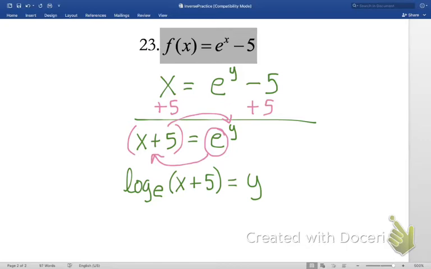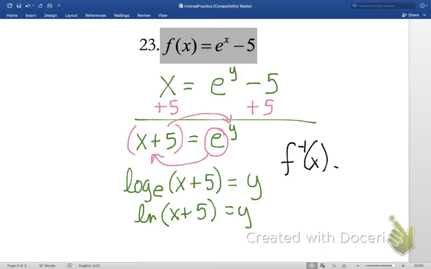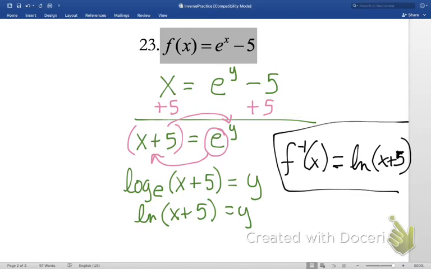What is log base e? That's right, it's just ln. So I have ln of x plus 5 equals y. Now my y is isolated. So my inverse function, the inverse of x, is equal to the ln of x plus 5. Anytime I have an exponential with a base of e, the inverse is going to be the natural log.